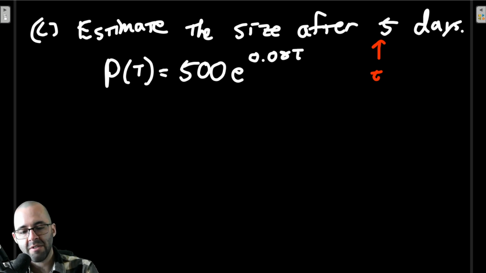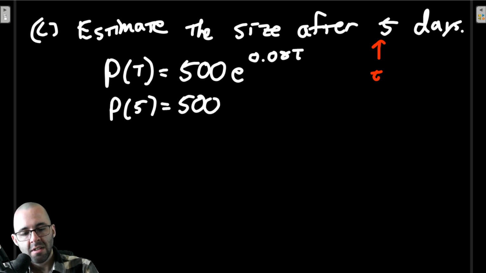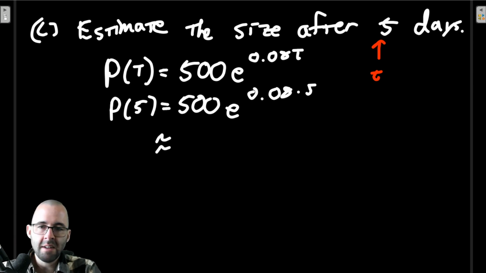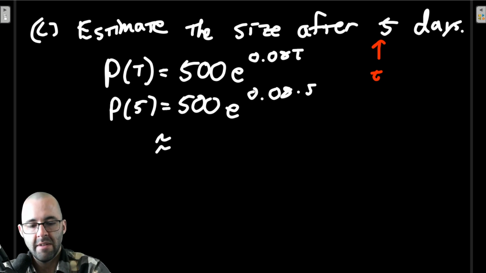So we just plug in 5 for t. And we'll get P of 5 equals 500 e to the 0.08 times 5. Plug that into a calculator, and you should get that it is approximately 745.91.